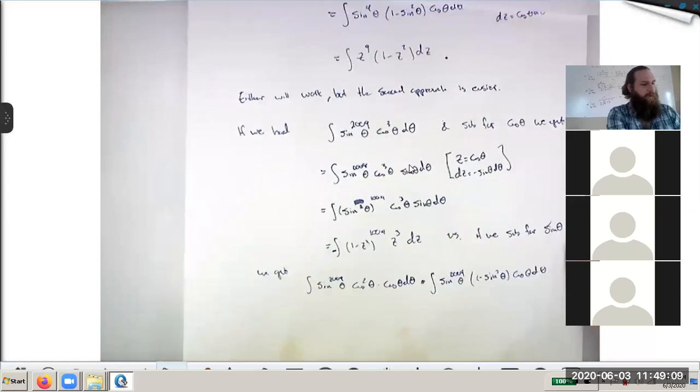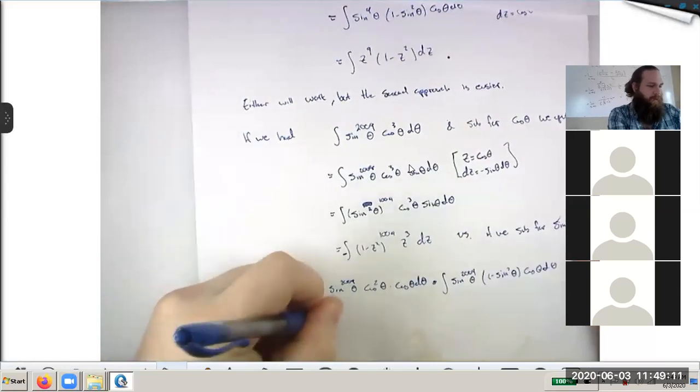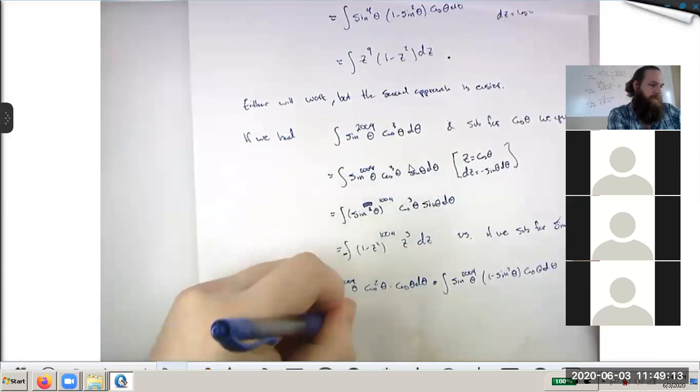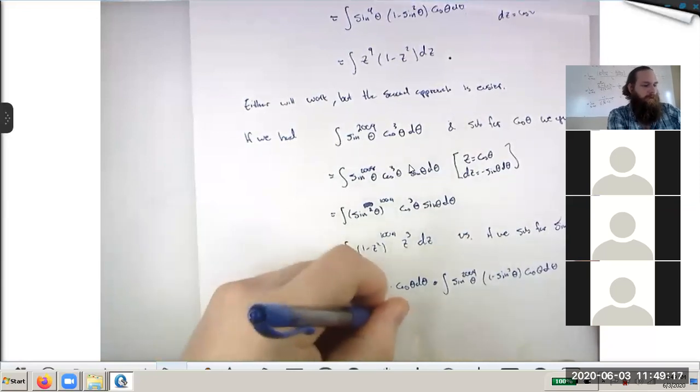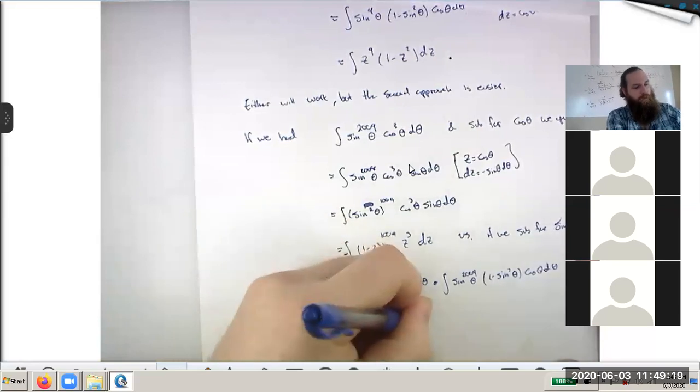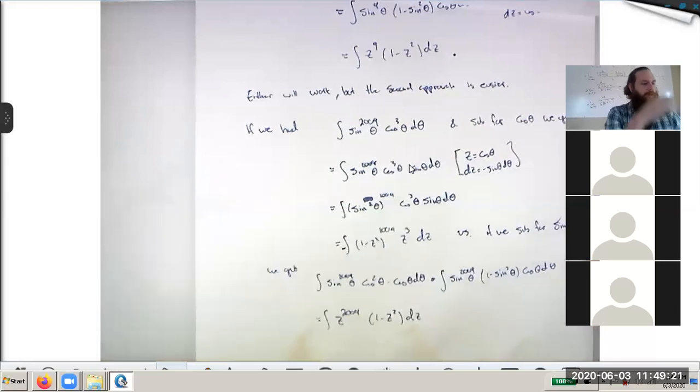And then if I sub z equals sine theta here, I get z to the 2009 times 1 minus z squared dz, which is much, much nicer, right?